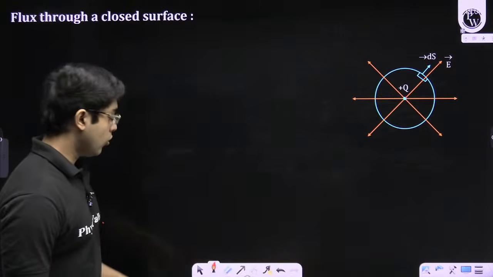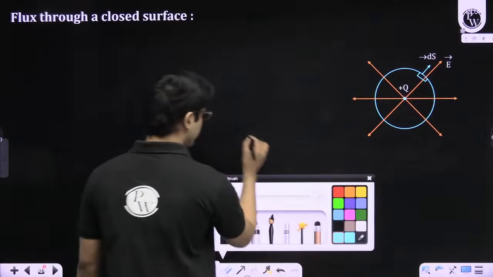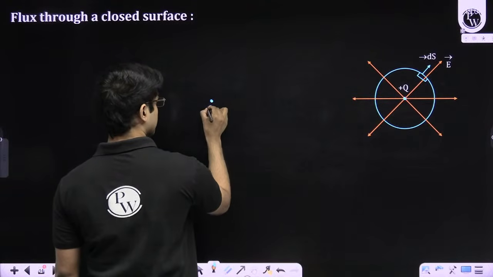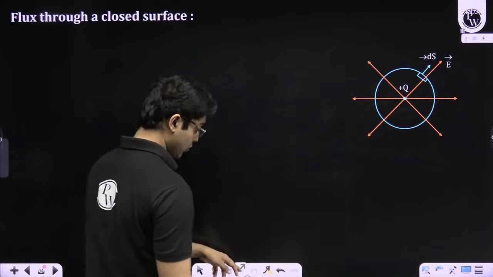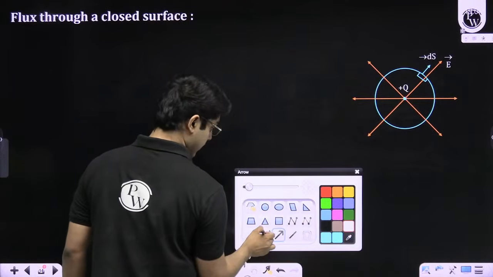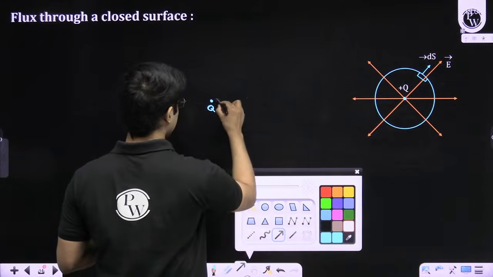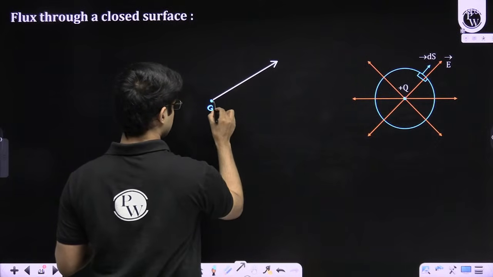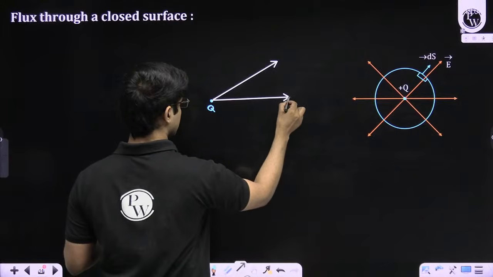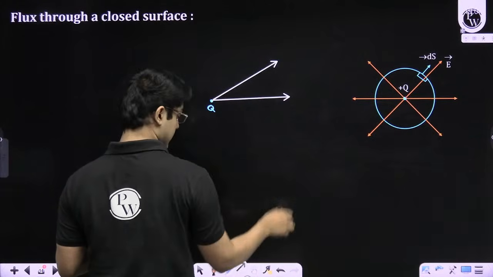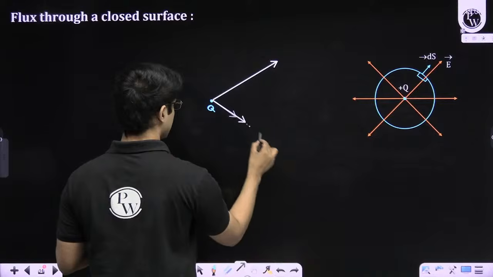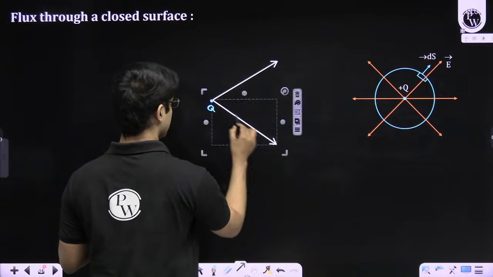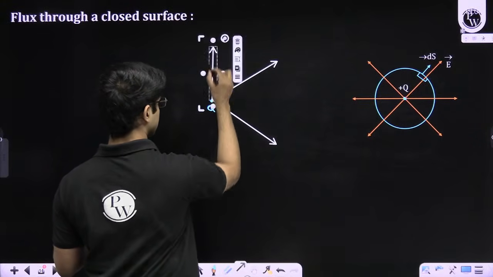For the charge q we discussed the electric field line pattern. It is radially outward, which means all these lines basically connect to the center where the charge q is. That is how the pattern will look.